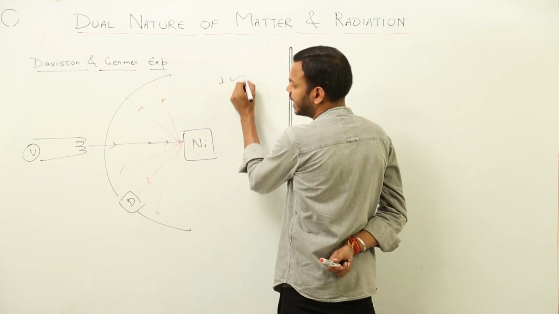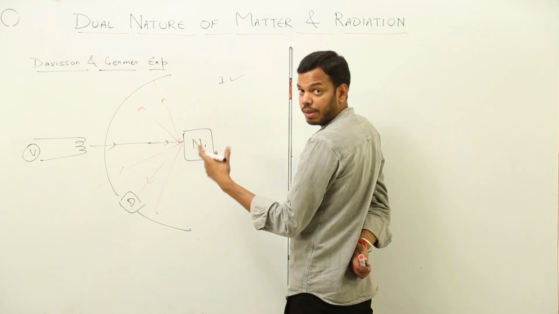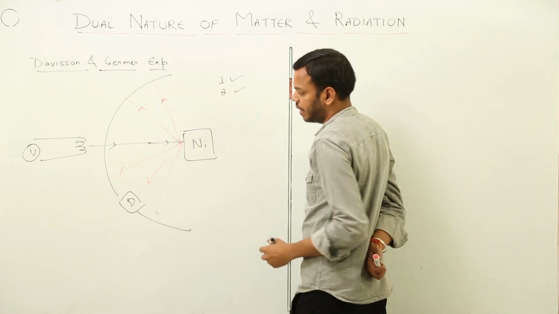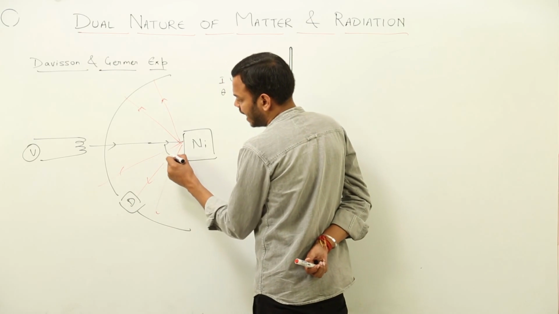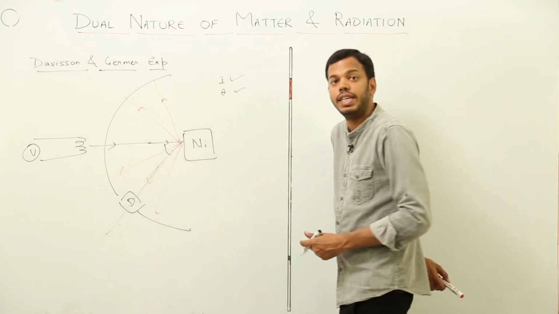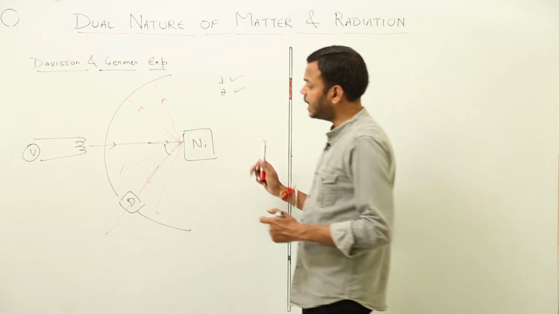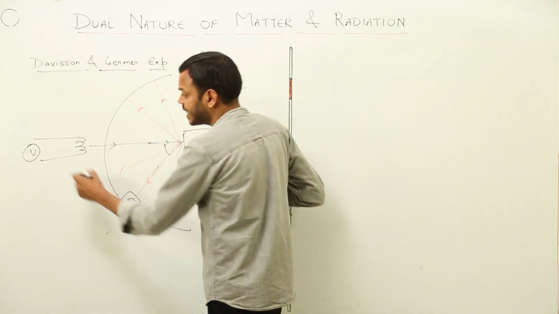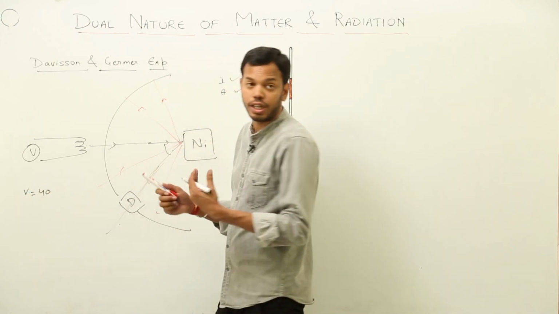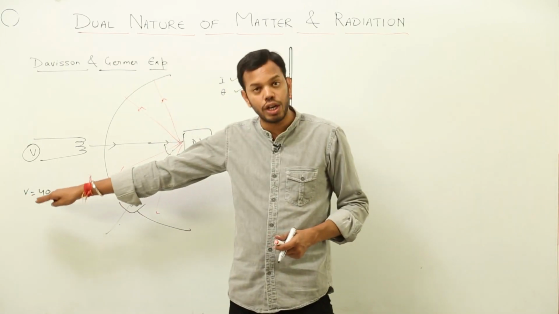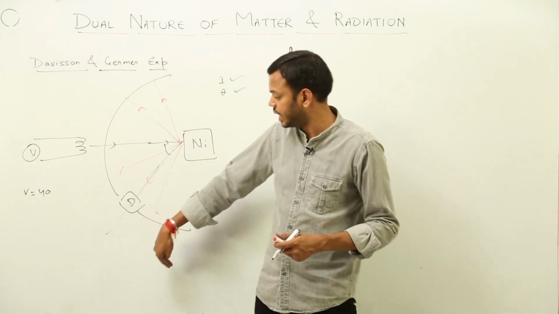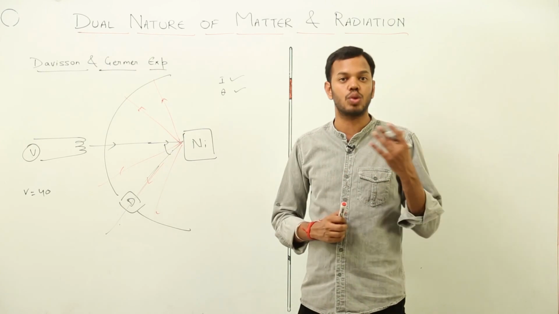Number one, the intensity of the incoming electron rays, and number two, the angle at which they are coming. This experiment started at some particular voltage. For example, they started with 40 volts, then increased to 41 volts, and the detector took all the observations, then 42 volts, then again all the observations, and so on.